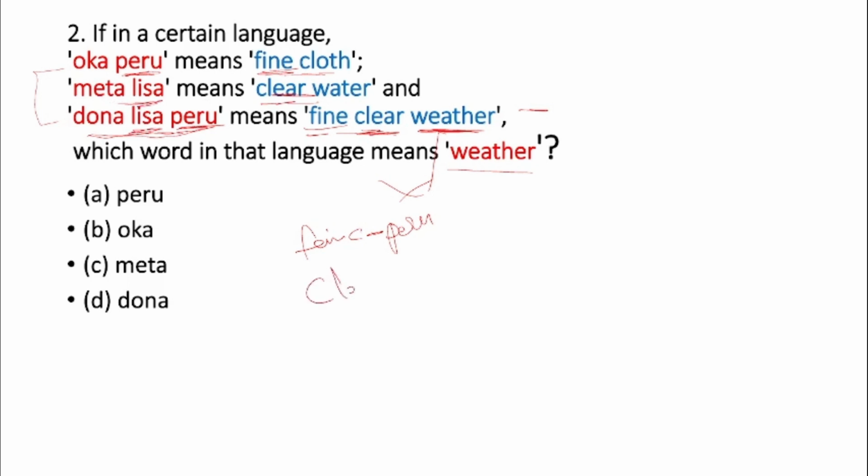That means clear is written as Lisa. So the remaining word is Dona, which is nothing but the code word for weather. So the answer would be Dona for this question.